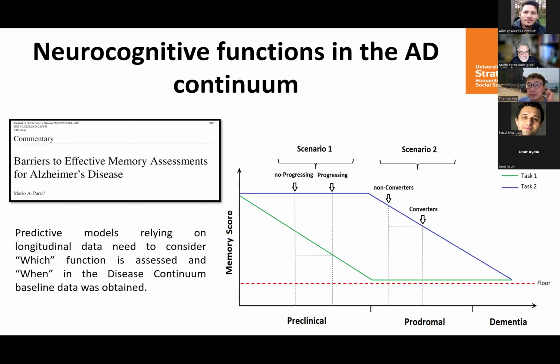And we also need to learn, from an electrophysiological or neurobiological point of view, what are the underpinnings of these cognitive abilities so that we can develop biomarkers that can anticipate the diagnosis.